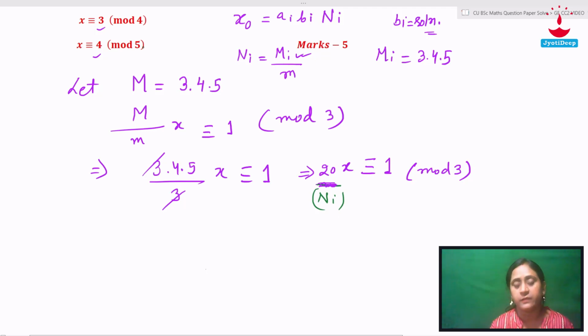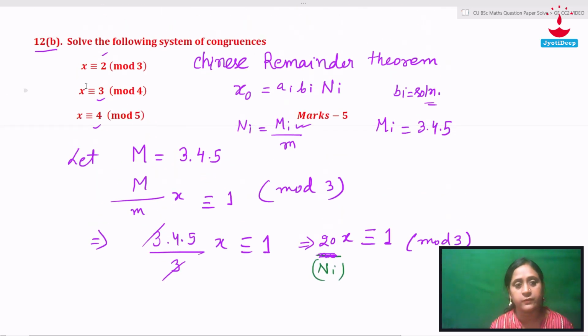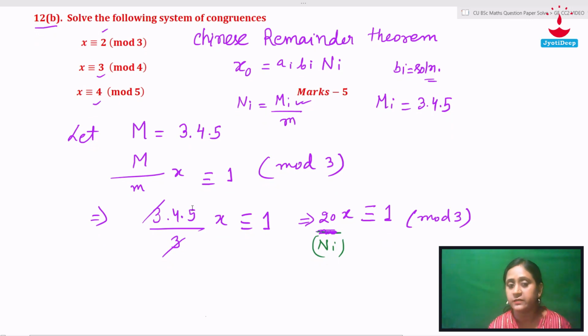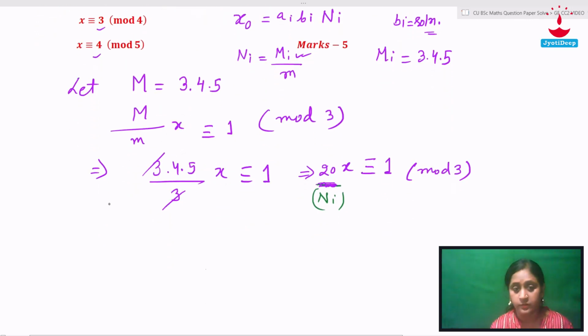So understood what is M, what is m, what is ni. Similarly, for the other two congruences, we can find out ni. So for the second one, we can write capital M by 4 into x is congruent to 1 under mod 4.